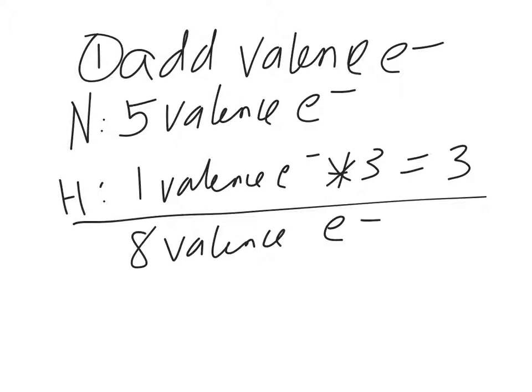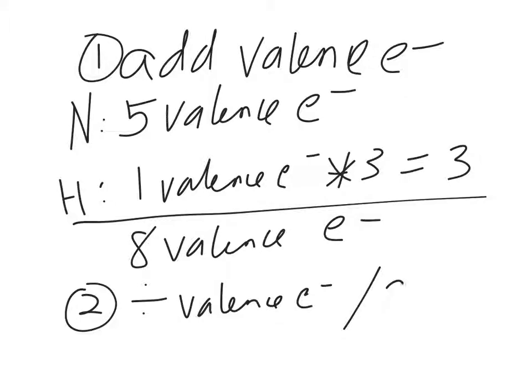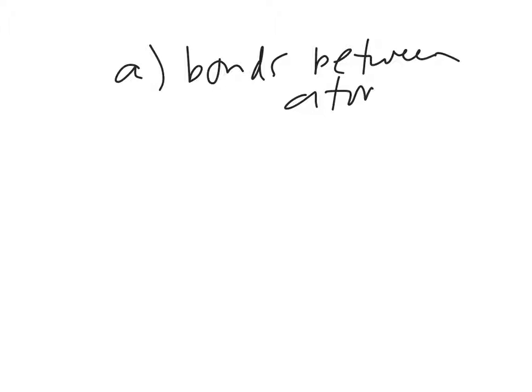The second step we do is we divide the valence electrons by 2. And the reason why we do that is we're going to put them onto our structure in groups of 2. So we're going to work with them in pairs. And those pairs that we're going to show are either going to be shown as bonds between atoms, or those pairs will show up on a single atom.